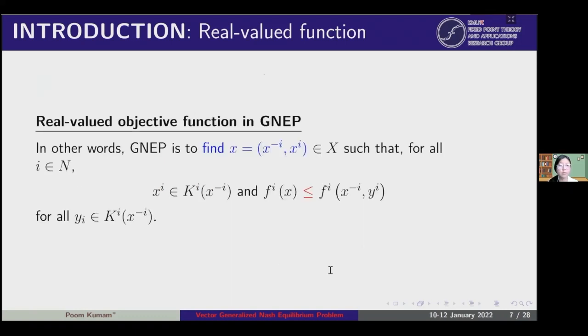In other words, the problem is to find x such that xi belongs to Ki(x minus i) and Fi(x) is less than or equal to Fi(x minus i, yi), when yi belongs to this set.